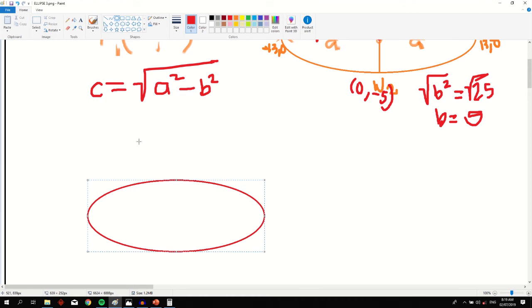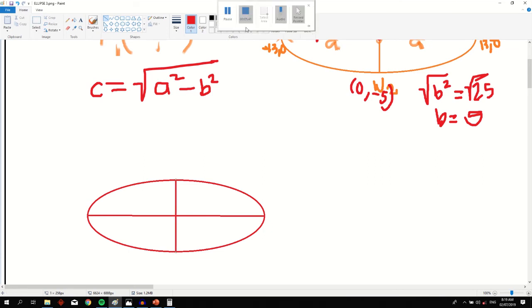Where's the brush? We have a focus here and another focus over here.